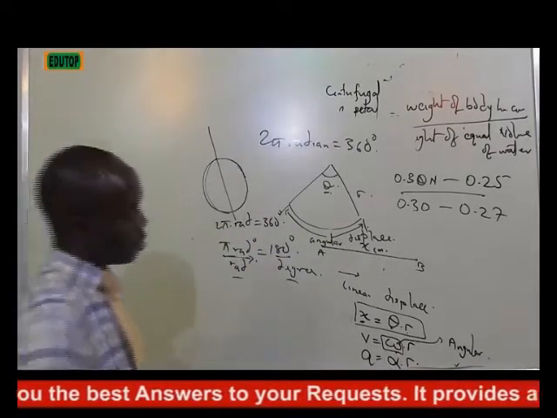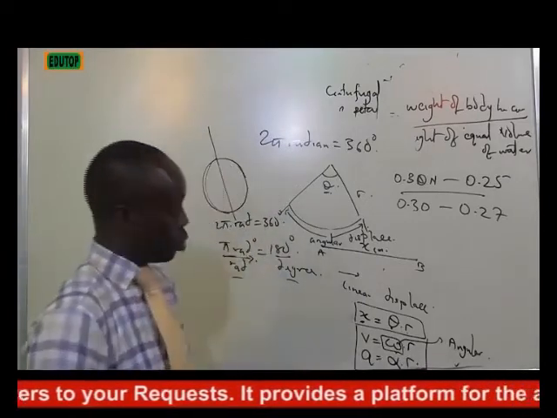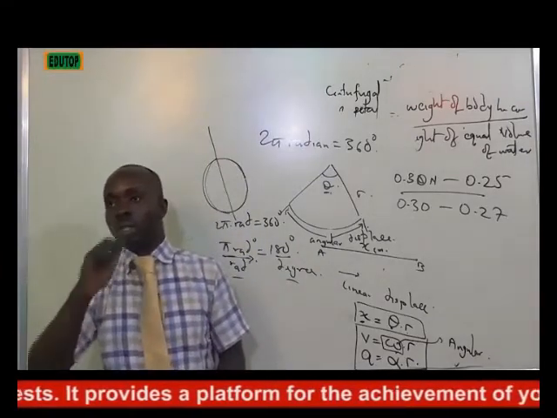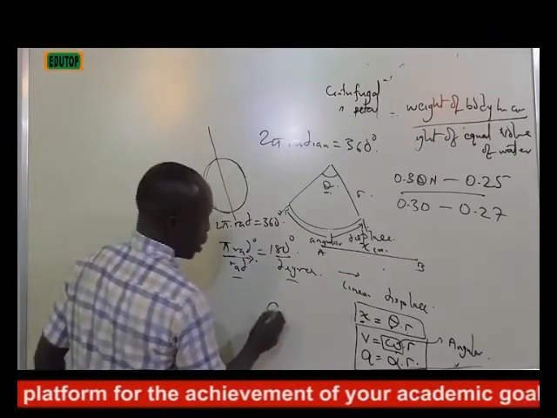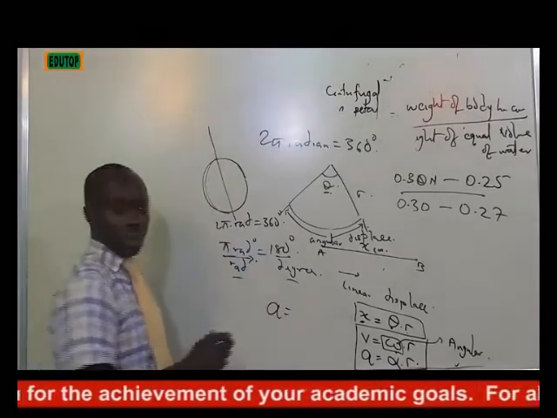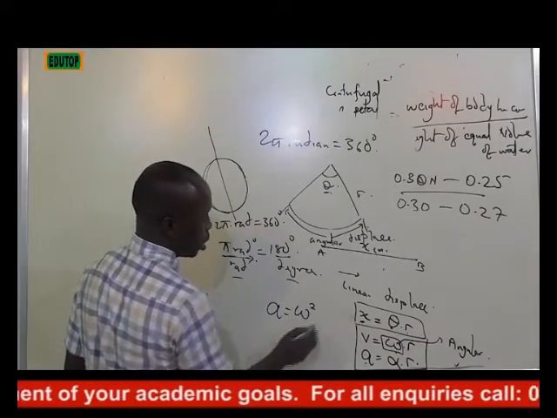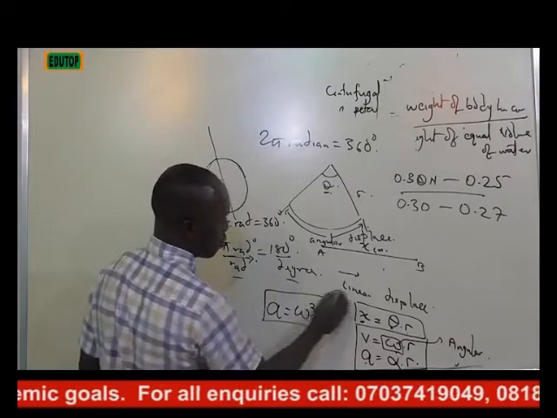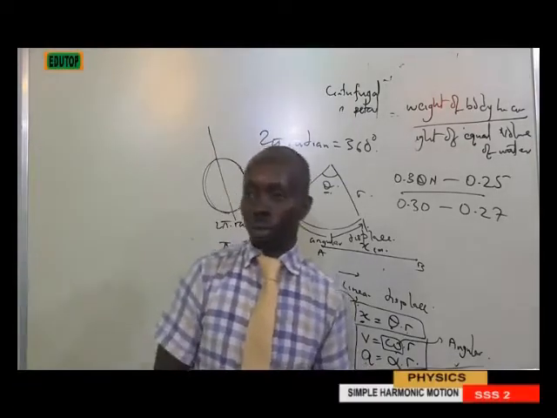So these are the values you must note very well as we proceed. We also make use of it when we start doing our calculation. But another wonderful thing is that normal acceleration can also be given as velocity squared dot r. So these are the four formulas you need to know when it comes to your simple harmonic motion.